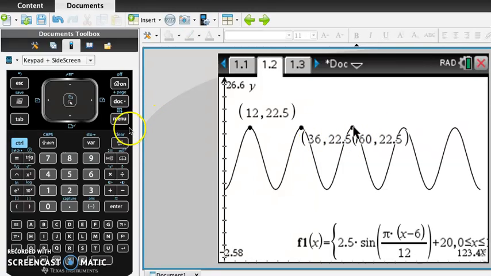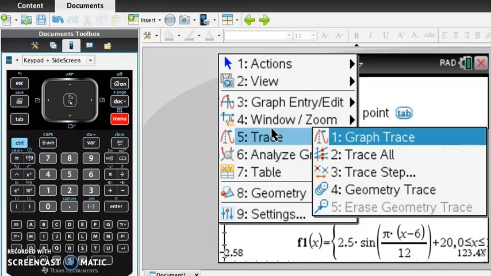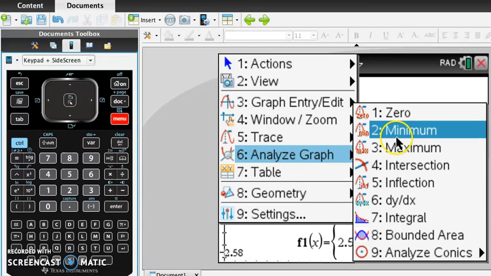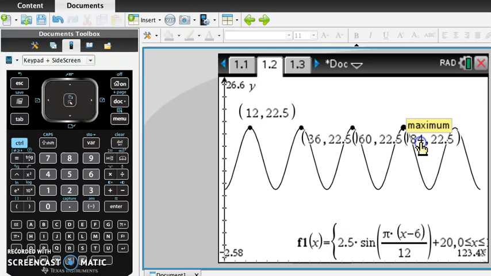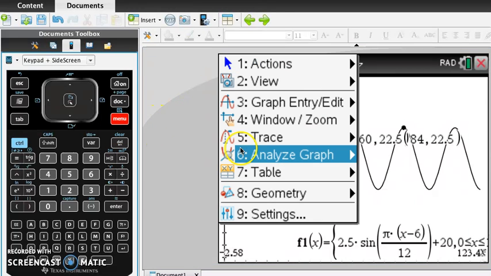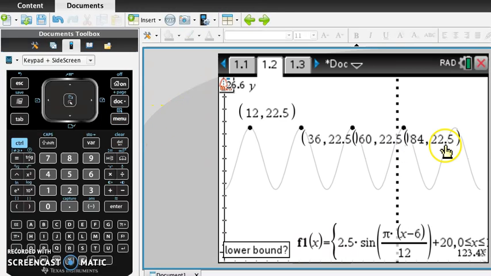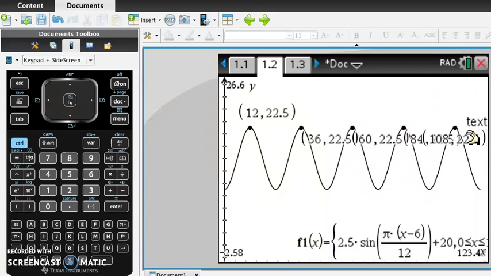So it's every 24, isn't it? Every period. Analyse the graph max. Maybe just slide some of them up out the way a little bit.